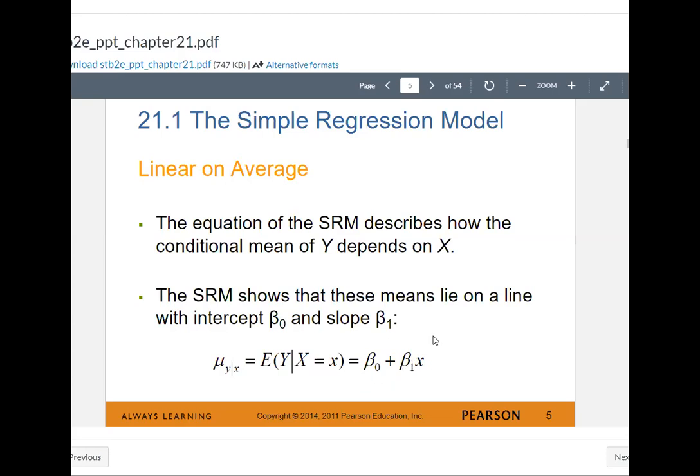And how we interpret these. So beta 0 is when we have no effect from X, what is the estimation of your response variable?